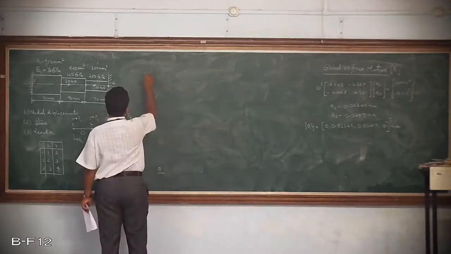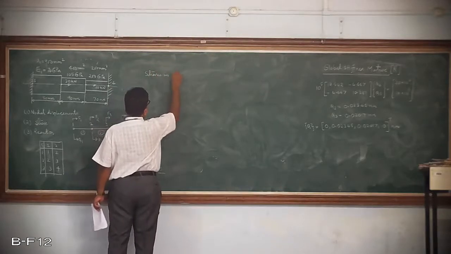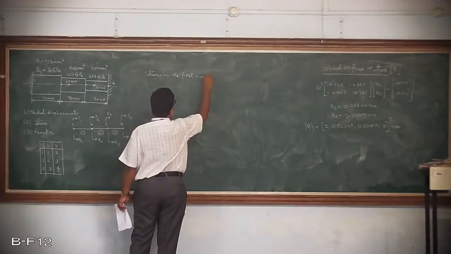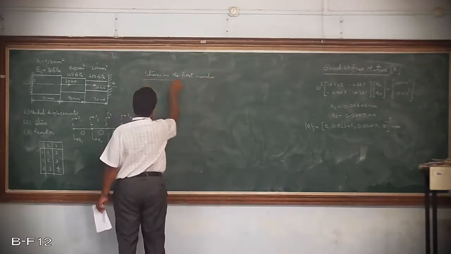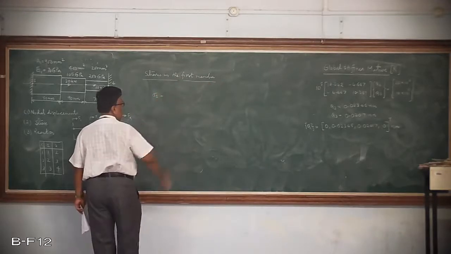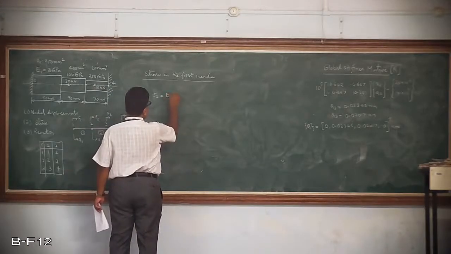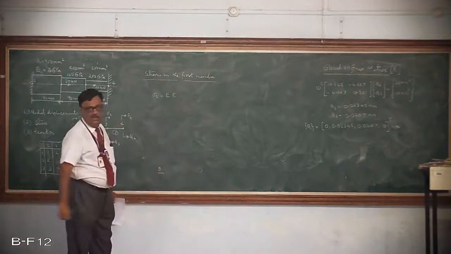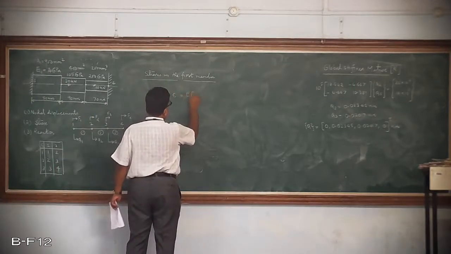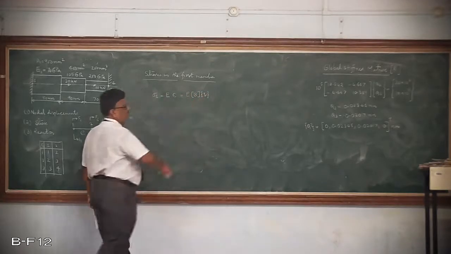Here, for example, the stresses in the first member only. Of course, you can find out for all the three members, but here I would like to show you only the sample calculation. See, for example, the first member is sigma 1, and as I have already told you, this is going to be stress equals E into strain, and strain itself is given by a matrix called B, the strain displacement matrix, and the nodal displacement connectivity.